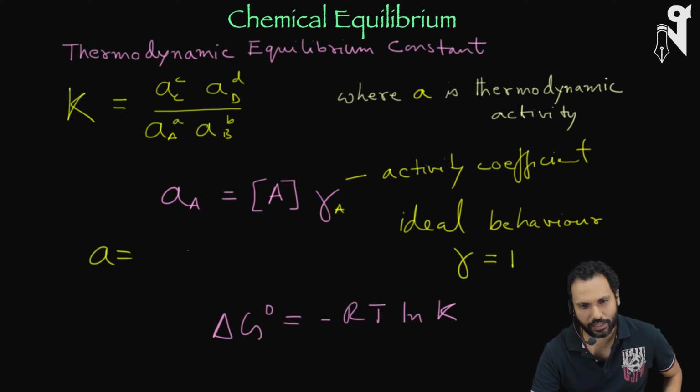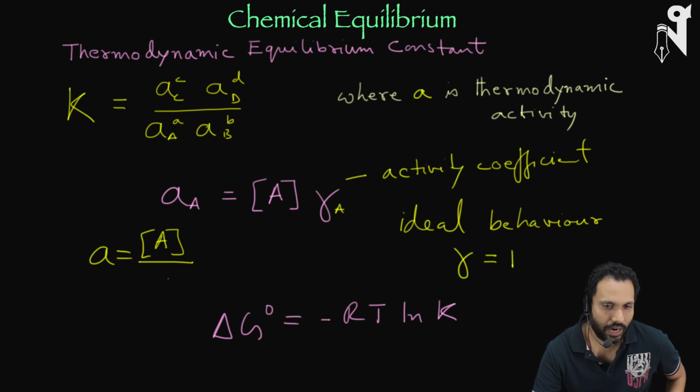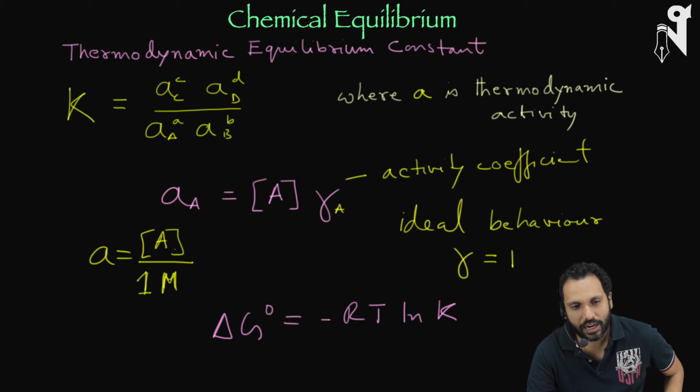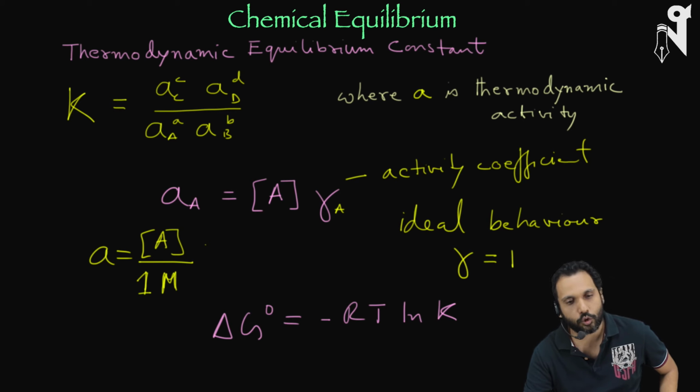Your comparison to ideal behavior, let me put it in this way also. If I report the activity of A, it would be the concentration of A compared to its ideal activity. If I take the ideal activity at 1 molar, for convenience, then if your concentration is more than 1 molar, it has so much more activity.